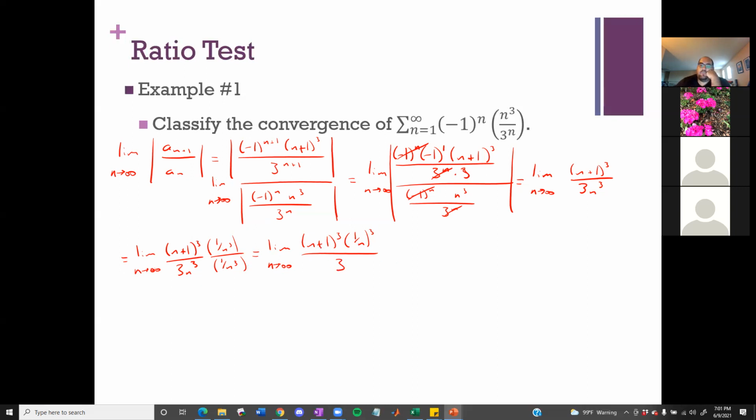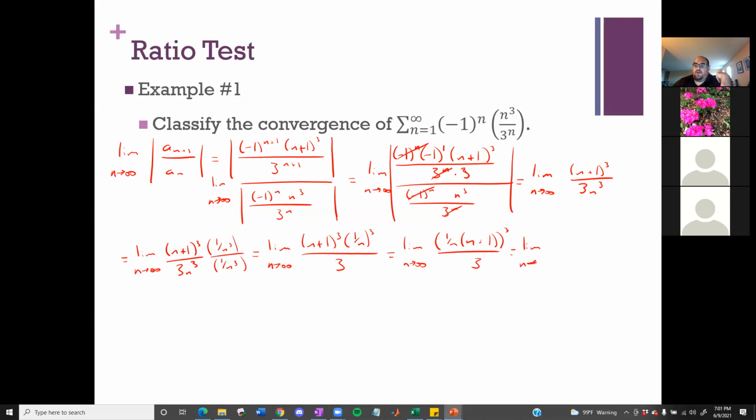Now that I have these two brackets in the numerator, both raised to the third power, I can basically do this: 1 over n times n plus 1, all to the third, over 3.